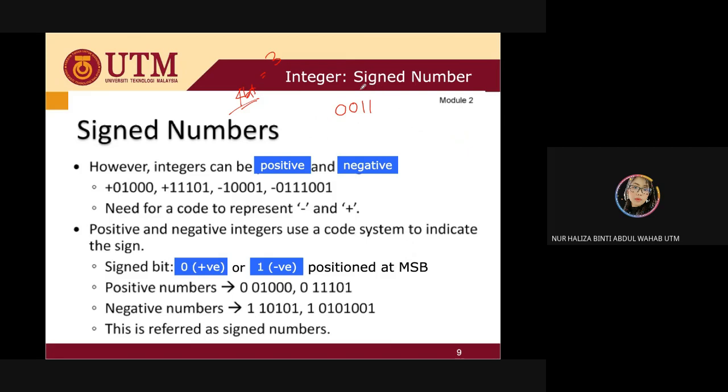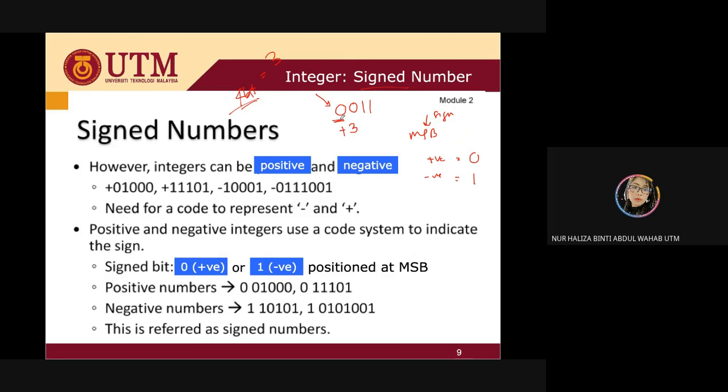But for sign number, you need to be very careful. At your MSB, you need to put your sign. Positive, you need to put 0. Negative, you need to put 1. If this number has 0 in front, you will assume it is positive 3.